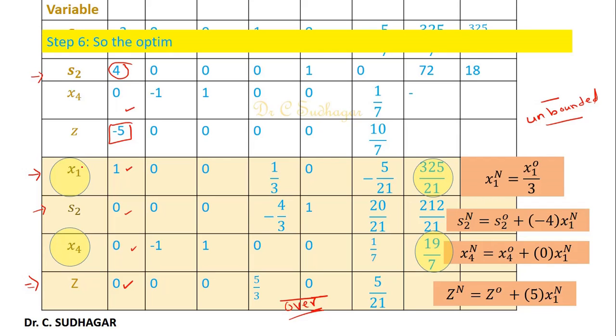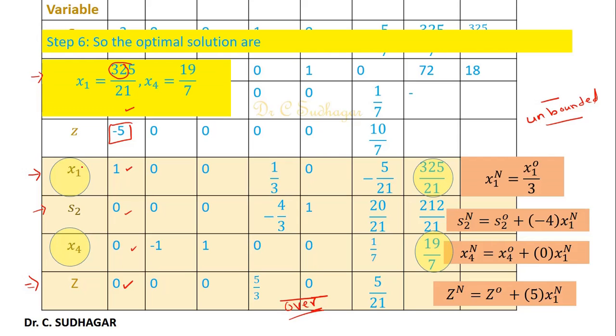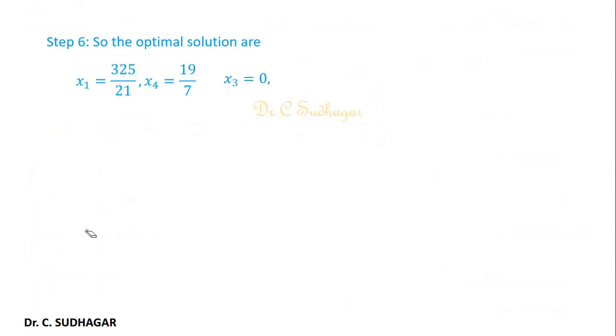If there is no x3, it means the value is 0. Okay, so x1 is 325 by 21 and x4 is 19 by 7, and there is no x3 here, so we can say the x3 value is 0. Okay, so we found this step.